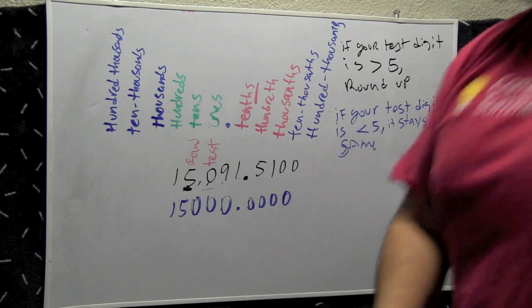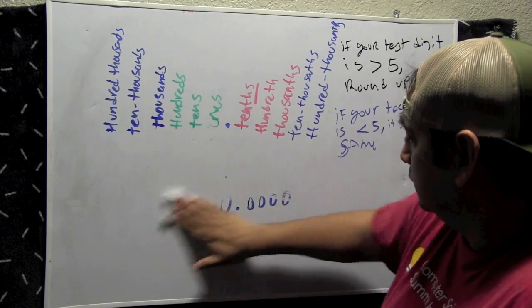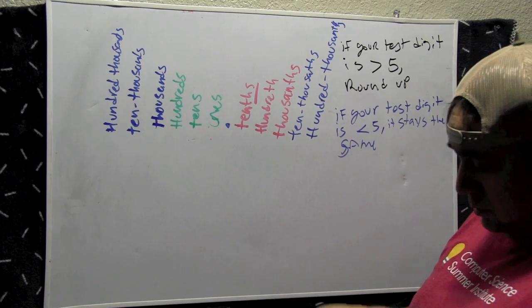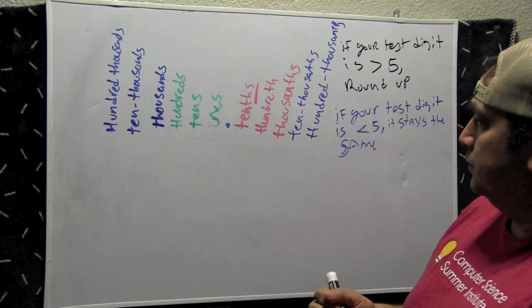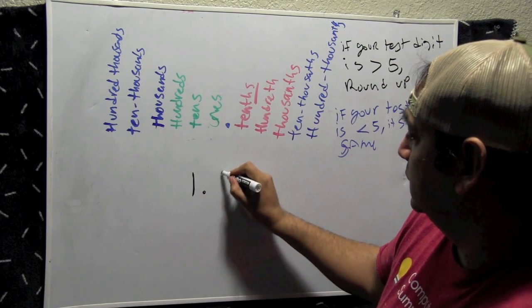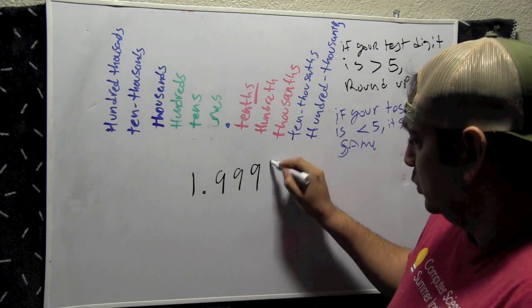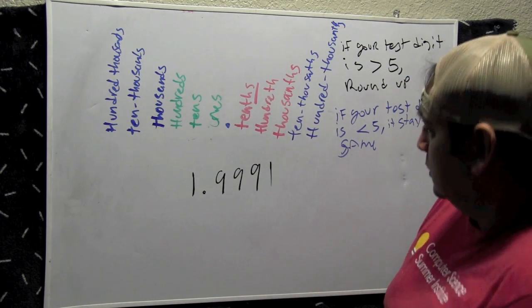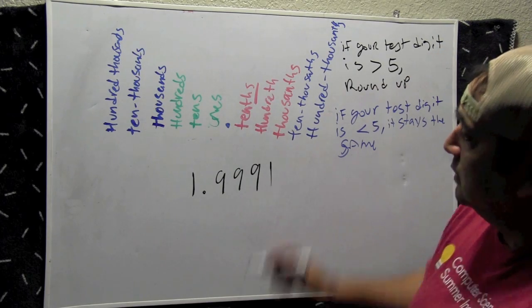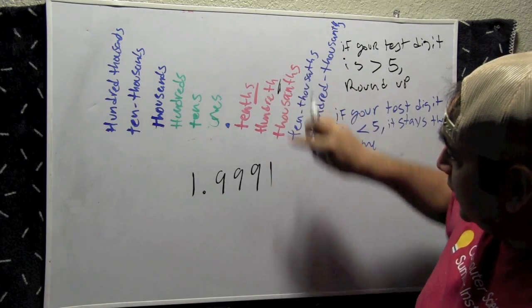Now let's round a different number. Now let's do 1.9991. Say we want to round to the hundredths place. The hundredths place is right here.